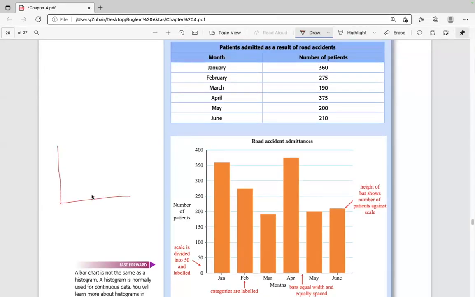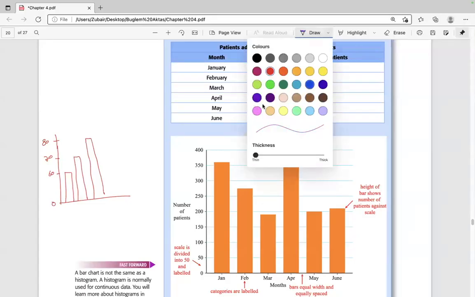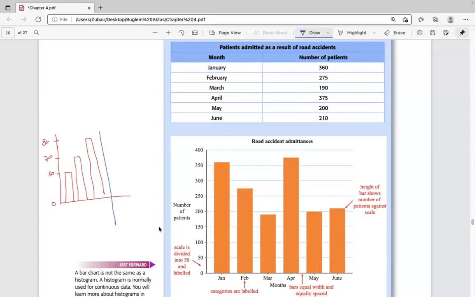If I just make this 60, and then this 70, and this 80. And if I don't start them from 0, I'm drawing it on the same graph so we can have a better comparison. If I don't start this blue one from 0 and I start from 50, so this would end at 60.